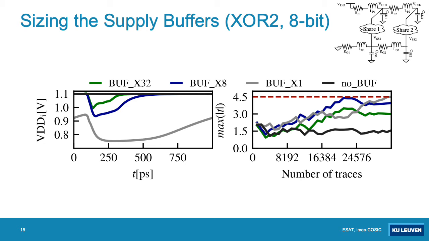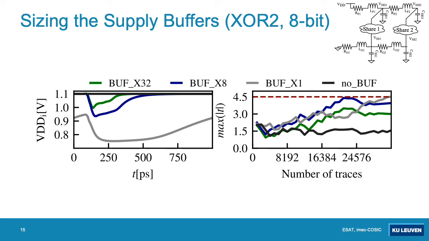For the ideal voltage source, depicted in the black line, we see that the max T score remains very low with the increasing number of traces as we expect. On the right hand side, we see how this max T point moves with the increase of the traces, and that's stable.